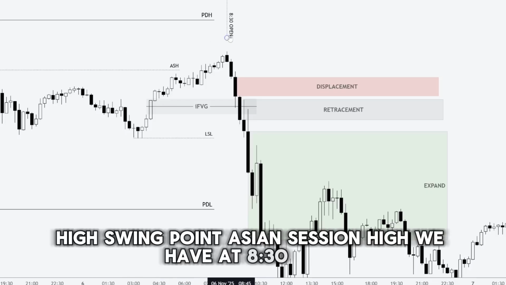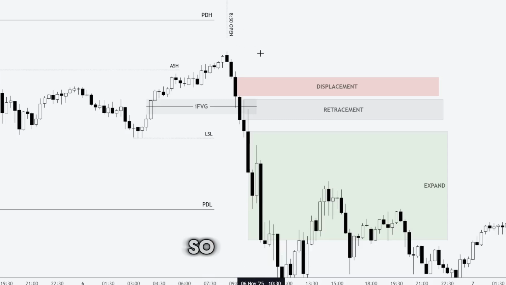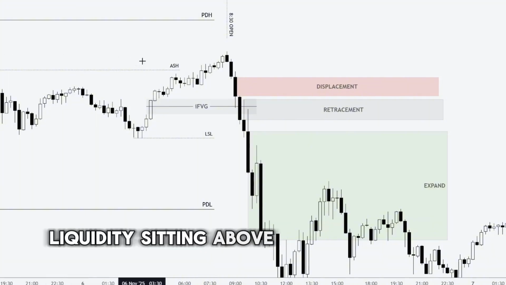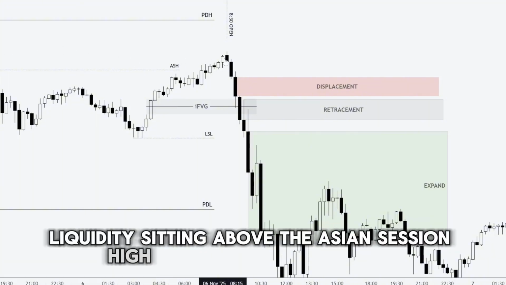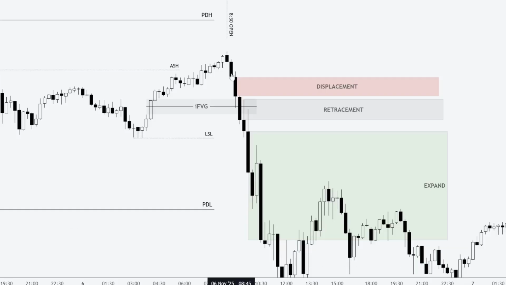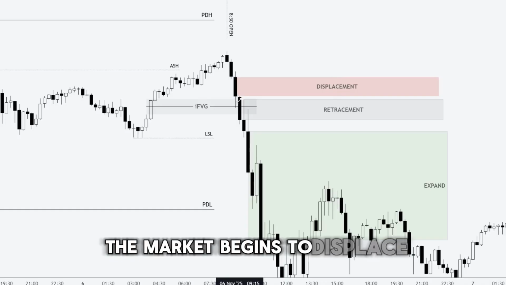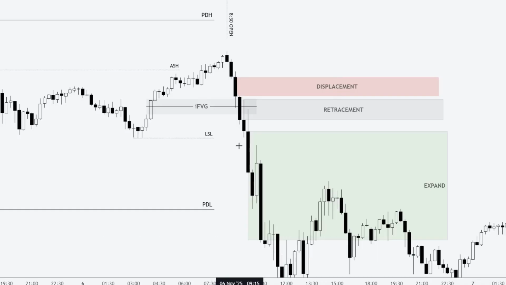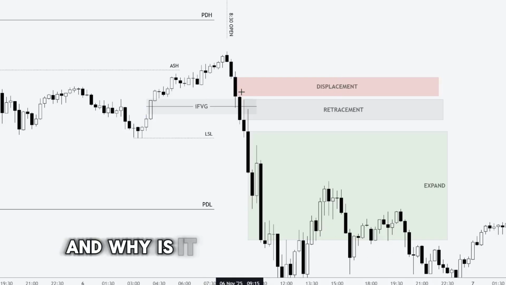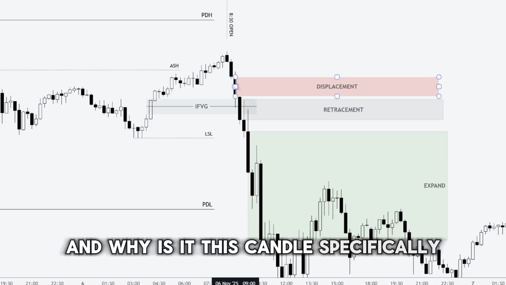We have the 8:30 open, so we get a sweep above the Asian session high. And here you go, liquidity sitting above the Asian session high gets taken out, and then the market begins to displace. Displacement happens here. And why is it this candle specifically?